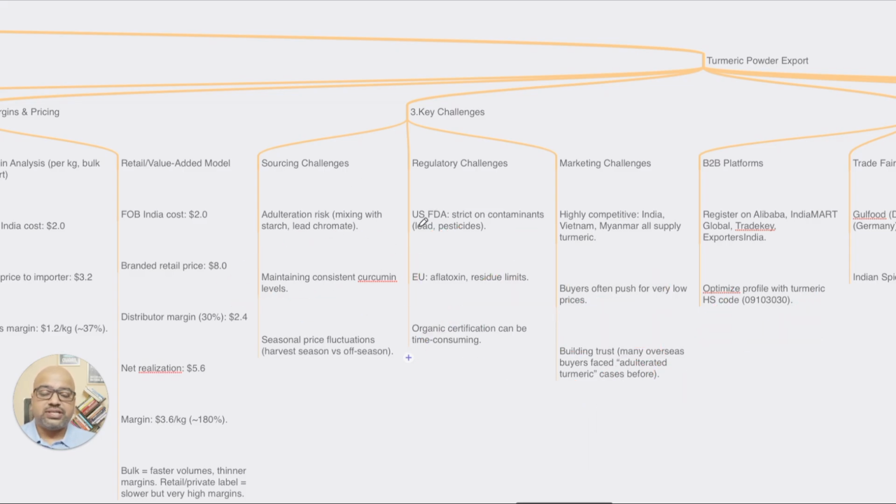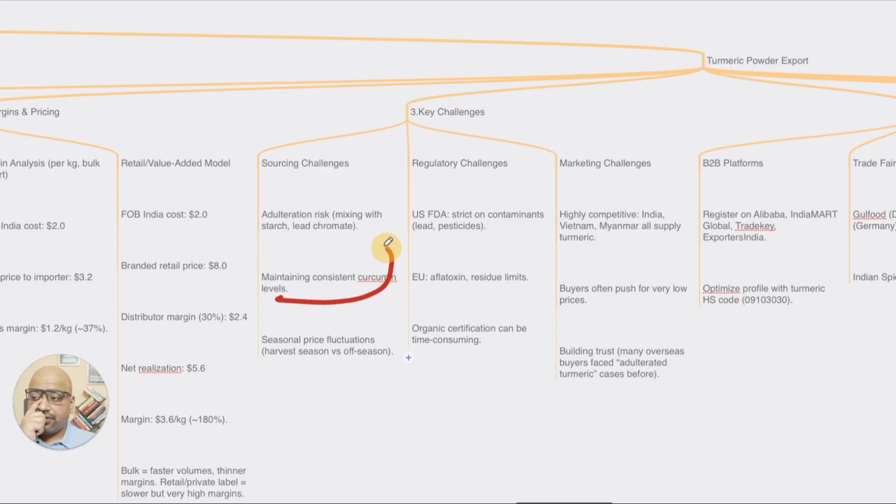If you are promising 5% curcumin, then it has to be plus or minus 5.2%. If it's more than 5%, good. Less than 5%, at least 4.9, still acceptable. If it's 4, no. If it's 3, never. If it's 2, impossible.